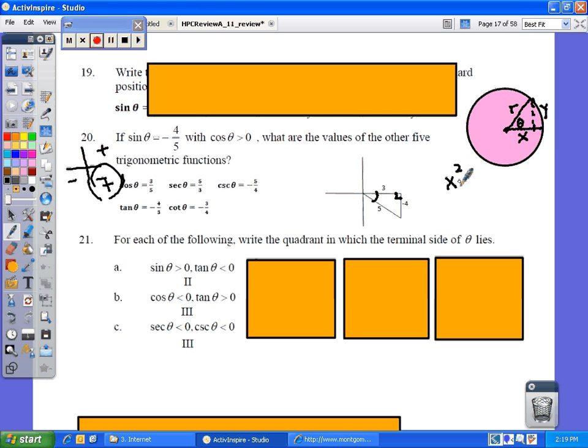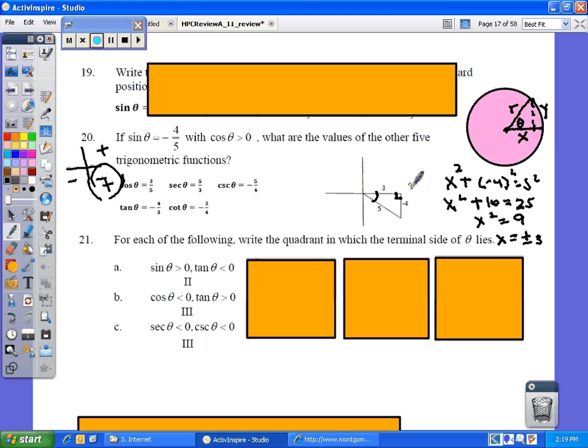So we have x squared plus -4 squared equals 5 squared. And then of course you get x squared plus 16 equals 25, x squared equals 9, and x could equal plus or minus 3. But now you have to pick the appropriate sign depending on the problem. Since we're to the right of the y-axis, this x has to be 3, so -3 doesn't make sense in this situation.